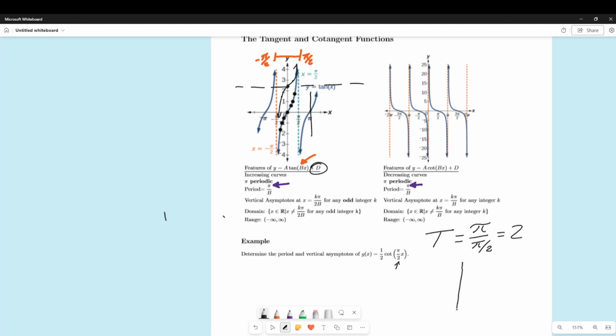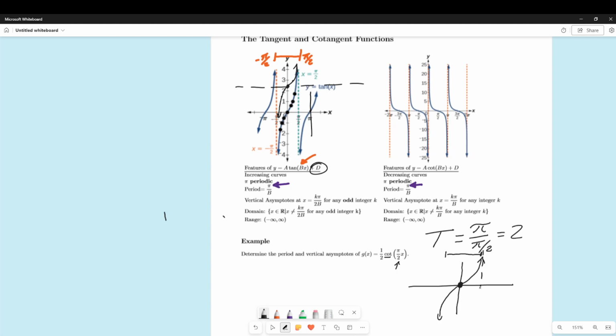And again, for tangent, I'm going to think of tangent first and then think of its reciprocal. Tangent centers at the origin, and then its period is divided on both sides of that origin.